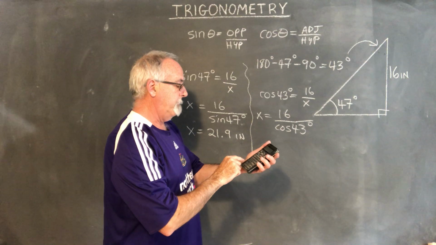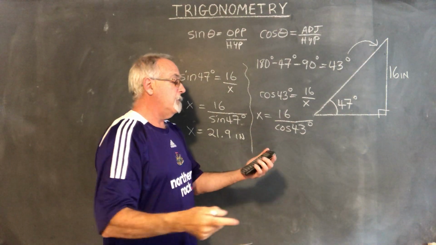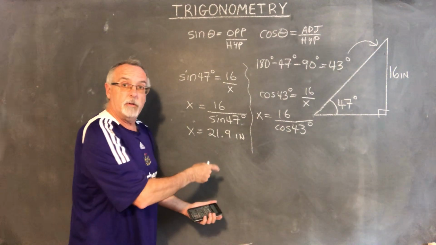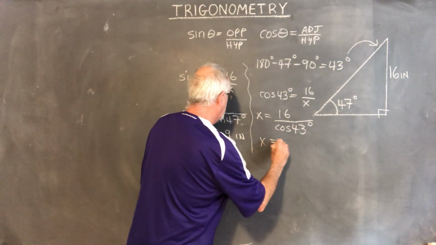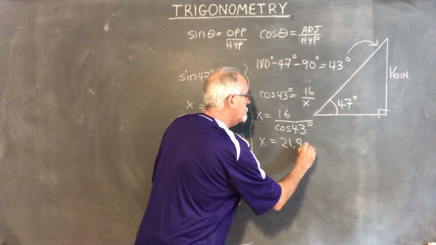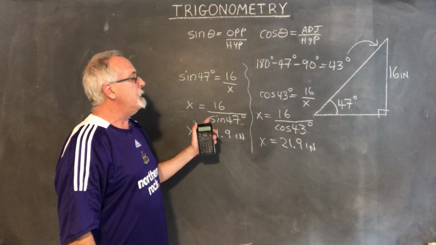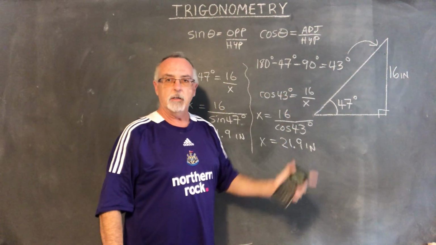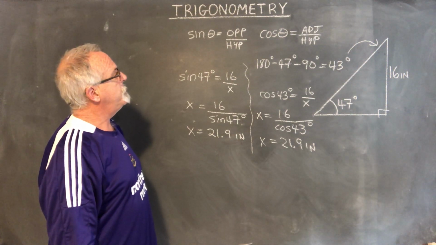And now I simplify 16 divided by cos 43 equals 21.87. That's the exact same number. It's rounding to the same as well, of course. So it's x equals 21.9 inches. Okay, so actually this is just as good a method as that, but we had to do that extra little step first.